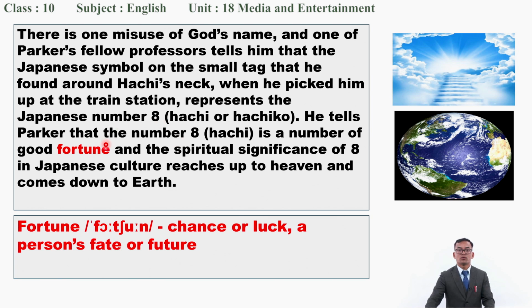His Japanese friend told him that Hachi means 8, and the number 8 in Japanese culture is the symbol of good fortune. The spiritual significance of 8 in Japanese culture reaches up to heaven and comes down to the earth. It's the religious thing in the movie.